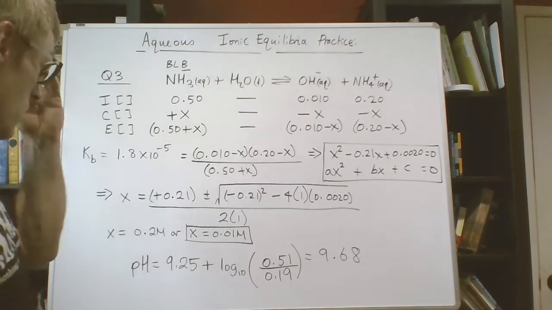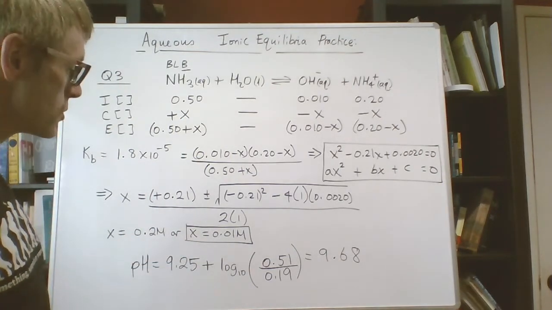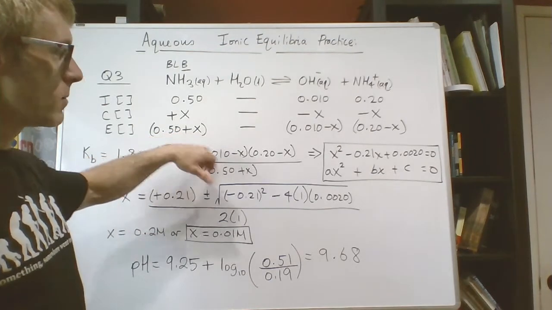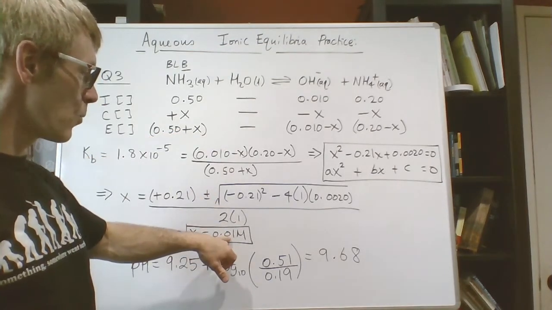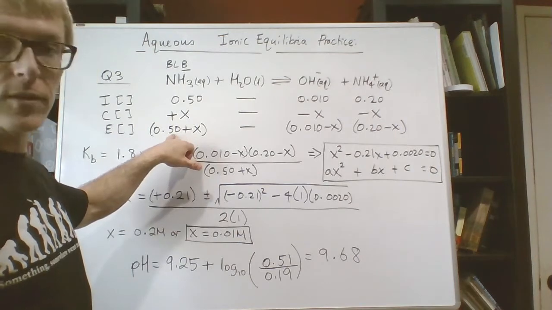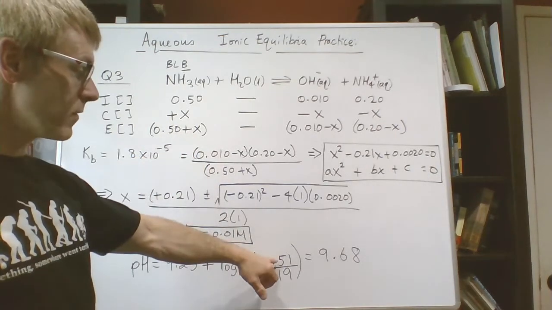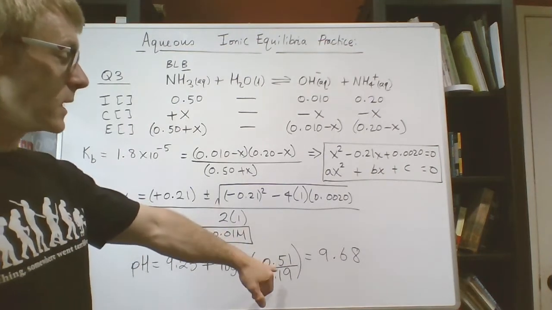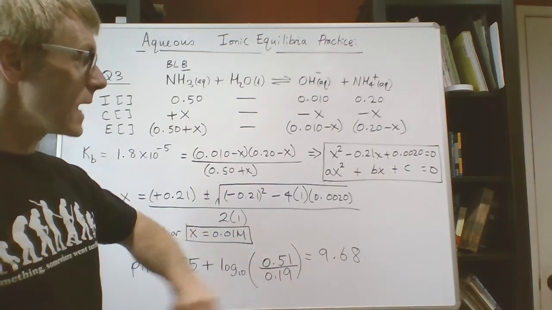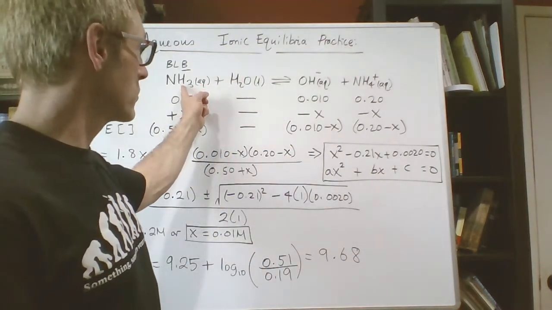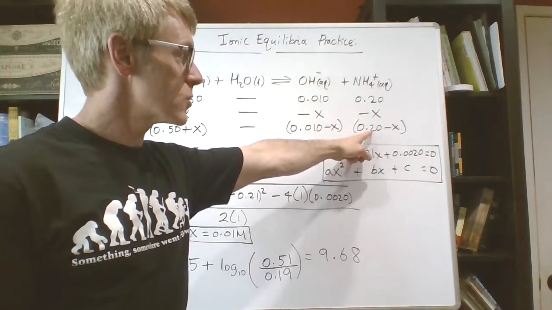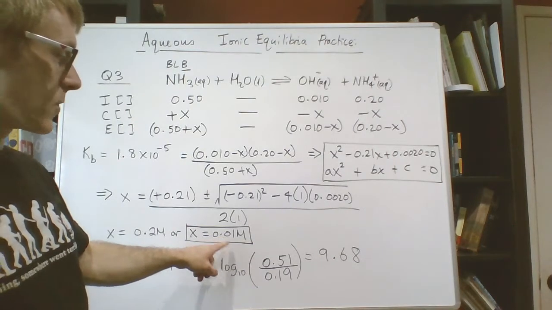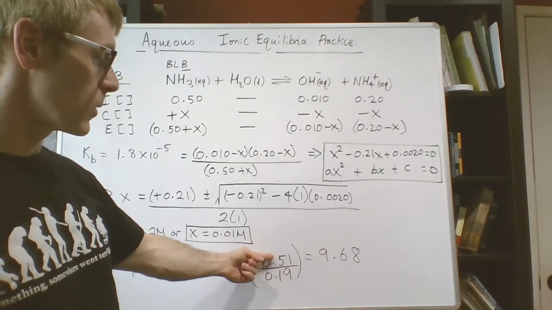Okay, so again, we use the Henderson-Hasselbalch equation because it was set up that way. So we've got our base value here. Remember, x is 0.01. If you add 0.01 to 0.5, you get 0.51. That's our base. The acid respective to the base is going to be this one. So 0.20 minus our x value of 0.01 gives us 0.19. So again, we have base over acid.